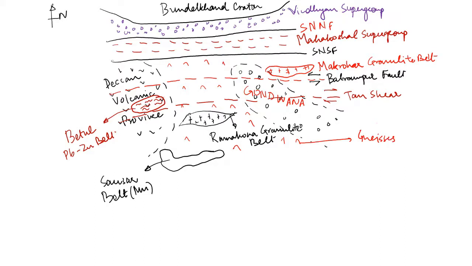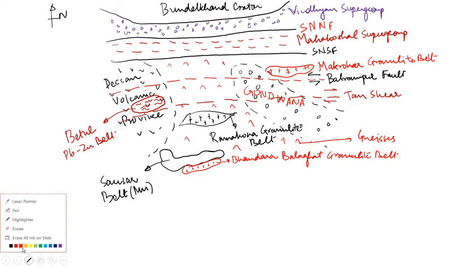To the south of the saucer belt lies the Bhandara Balaghat granulite belt. So this is the Bhandara Balaghat granulite belt. To the south of the Bhandara Balaghat granulite belt lies the Central Indian Shear Zone.